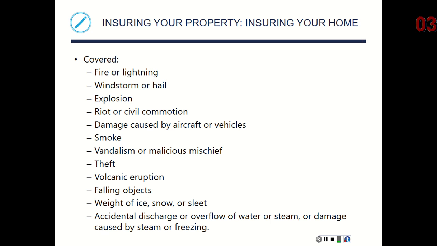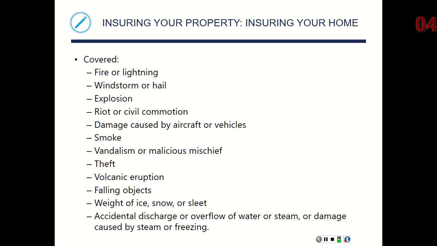So they give us a list in our textbook of all different things that our home insurance covers. And you can see examples of that: fire, lightning, windstorm or hail, God forbid, explosion, damage by other vehicles, smoke, mischief, theft.